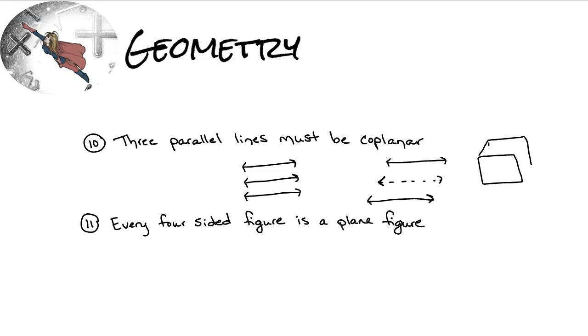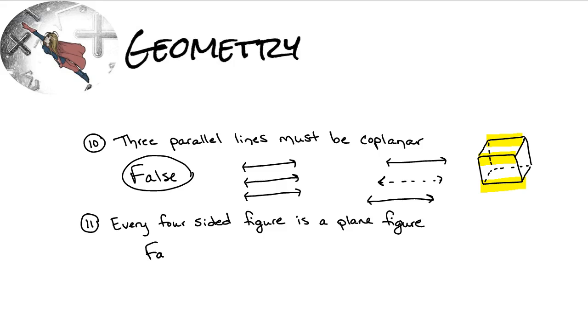And then we have, okay, think about this. So we have 3 parallel lines here, here, and here. But those 3 are definitely not in the same plane. So to say that they must be coplanar, that's false. And then our final question, every 4-sided figure is a plane figure.